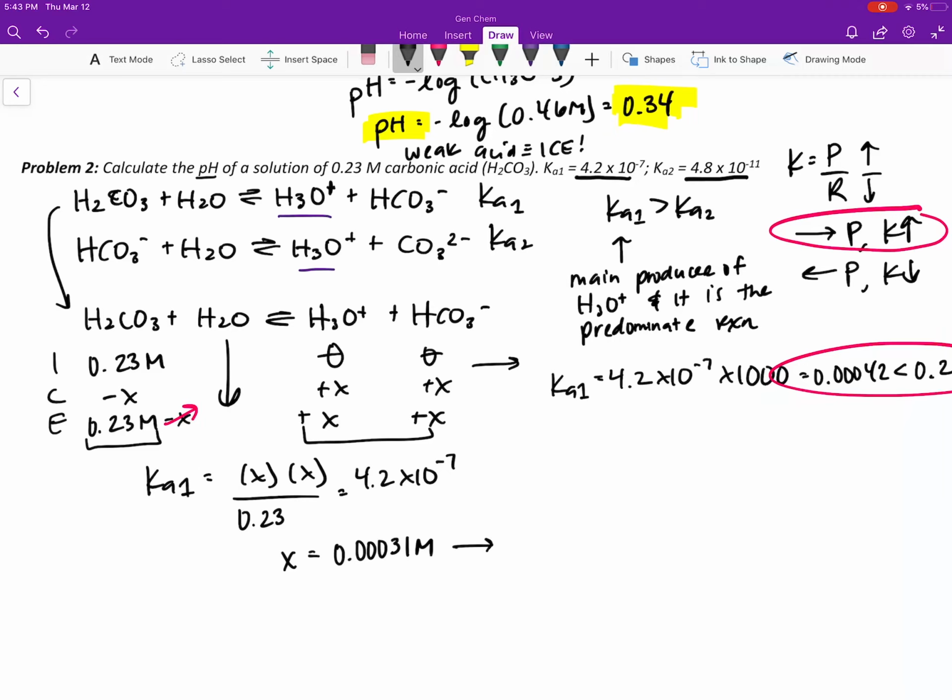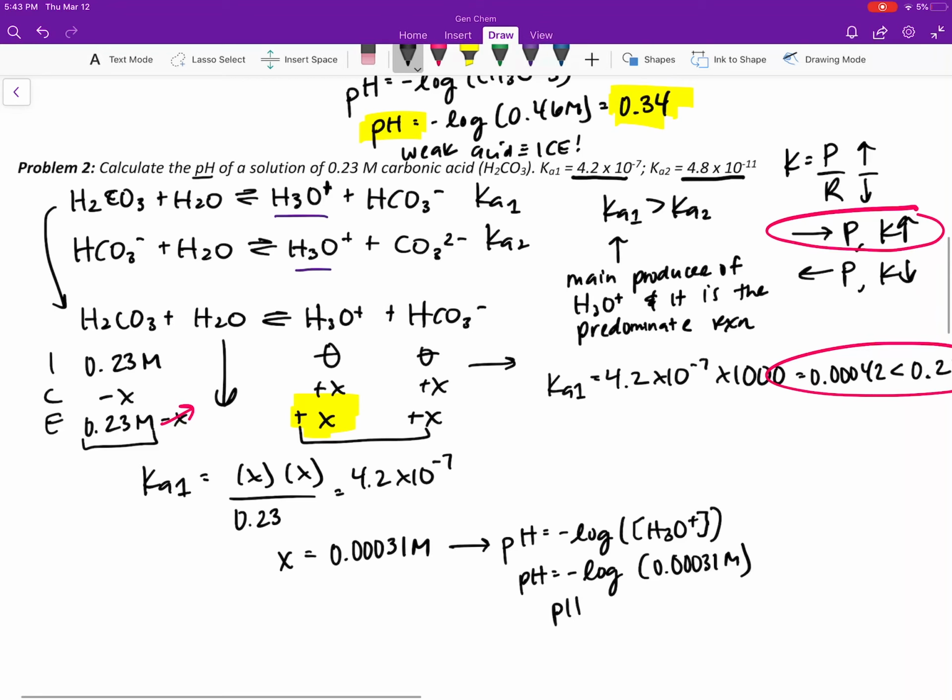It's also the value of my hydronium concentration. Therefore, I can plug it directly into the pH as the negative log of the concentration of hydronium. And I should get a value of pH is equal to 3.51.